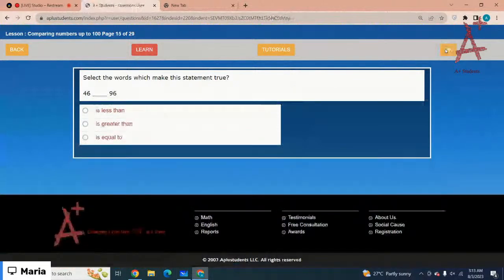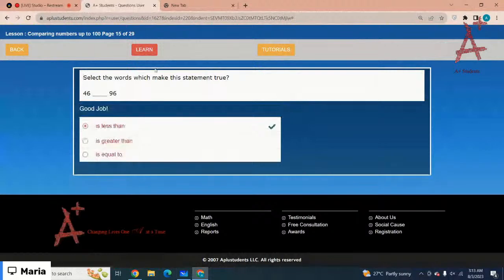Select the words that make the statement true. 46 and 96. Yes, 46 is less than 96. Okay, you can complete the lesson. We're going to start with a new lesson.